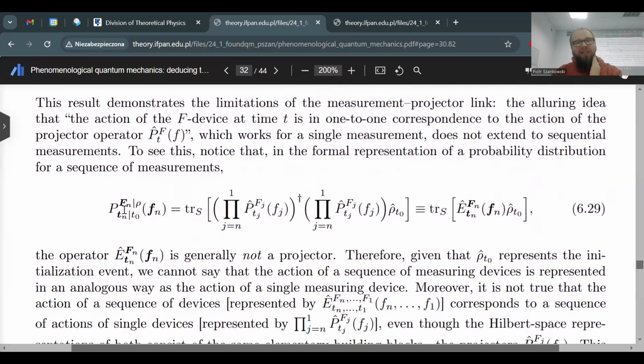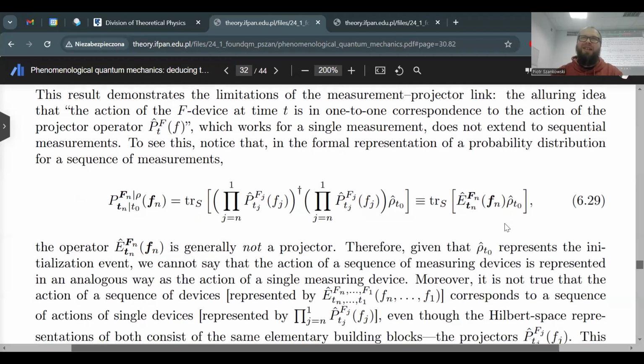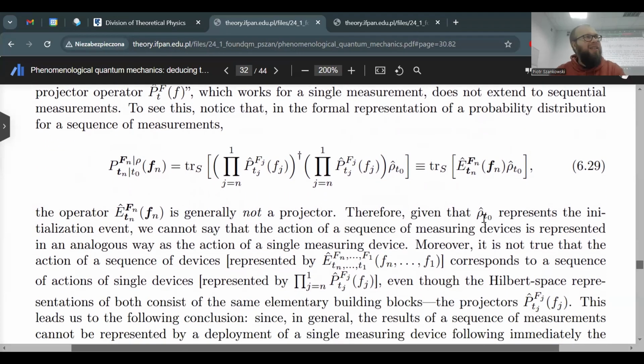If you take a sequential measurement, so this is a dynamical situation, not quantum statics, and you take the formula we just established and use the cyclic property of the trace to move all the projection operators to one side, you have rho, the state, the initialization event, and you can just name these operators with some operator E. In general, this E is not a projector.